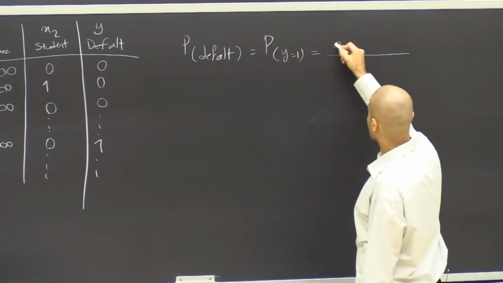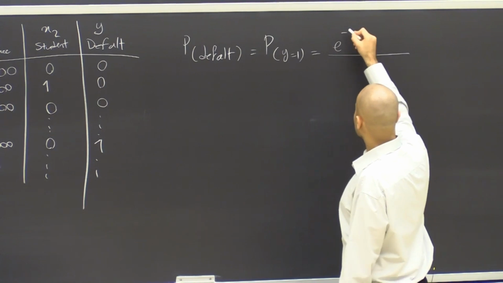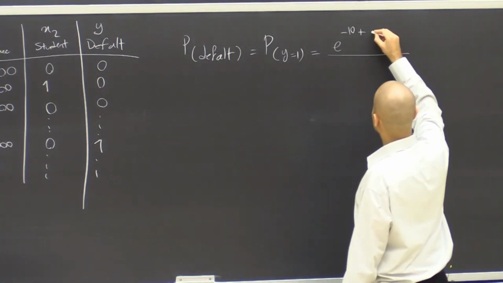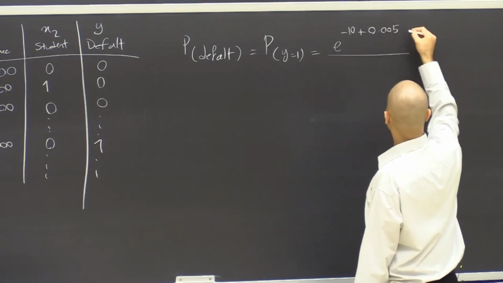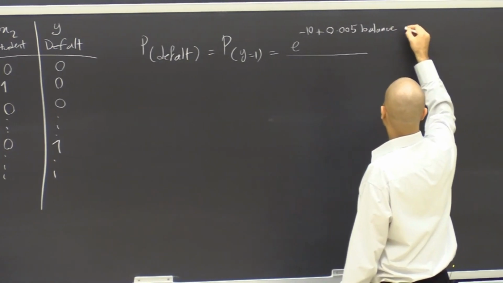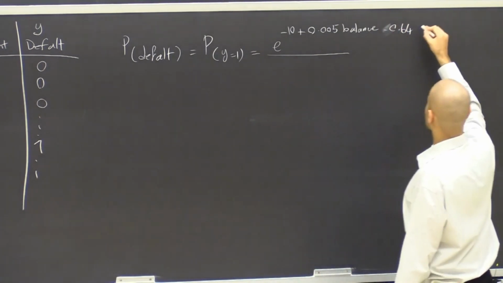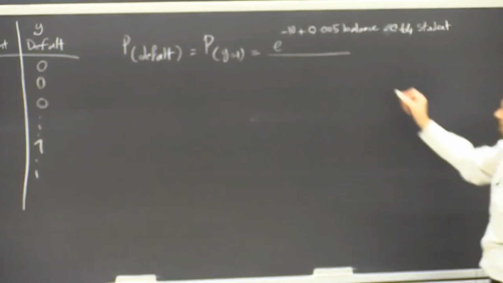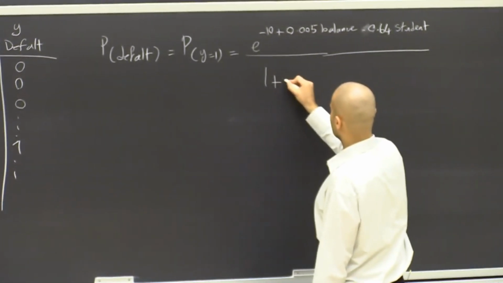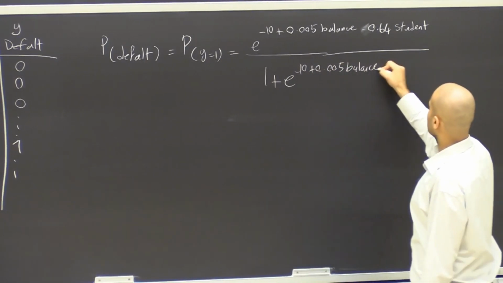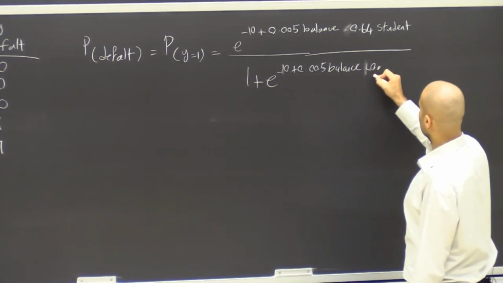In the numerator of that fraction, we have e to the power of minus 10 plus beta 1 times balance plus beta 2 times the dummy variable for student, yes or no, 1 or 0, over 1 plus e to the same thing. So minus 10 plus 0.005 balance minus 0.64 student.